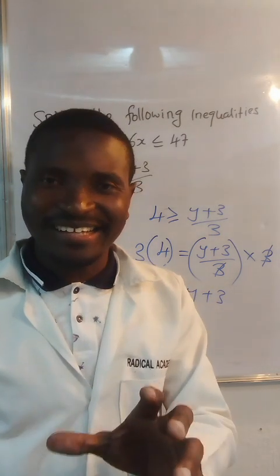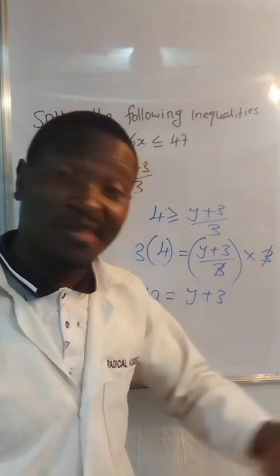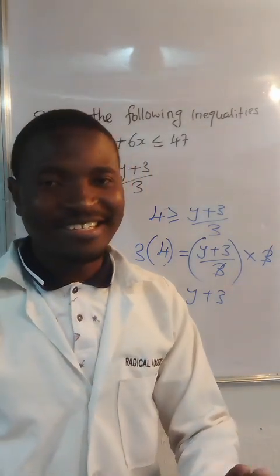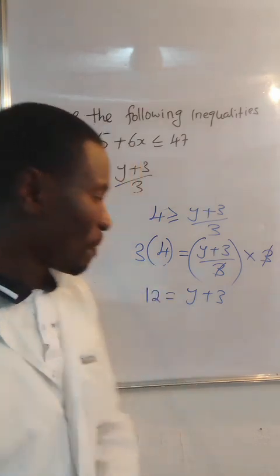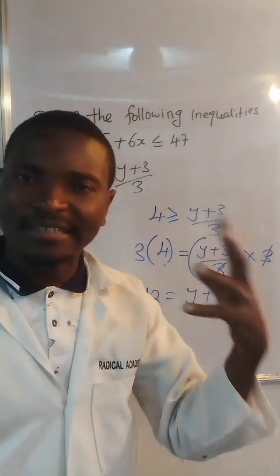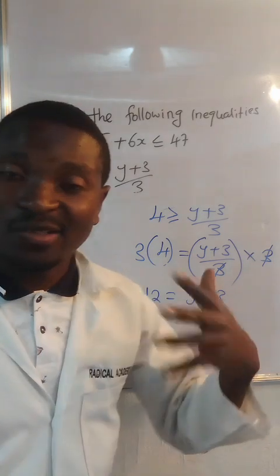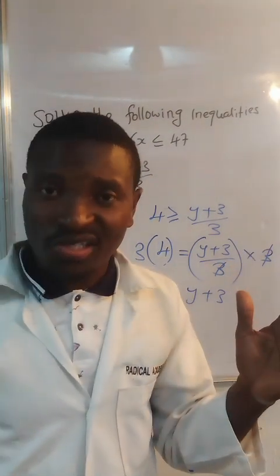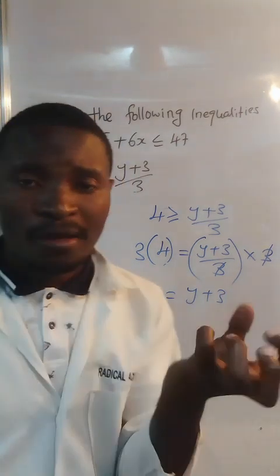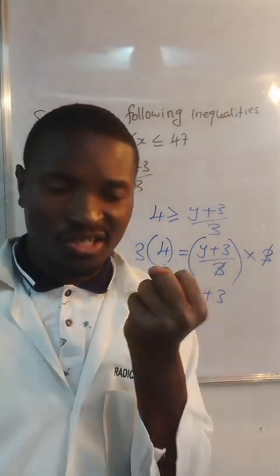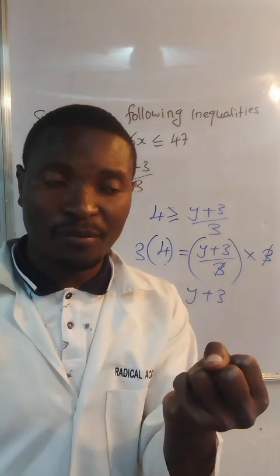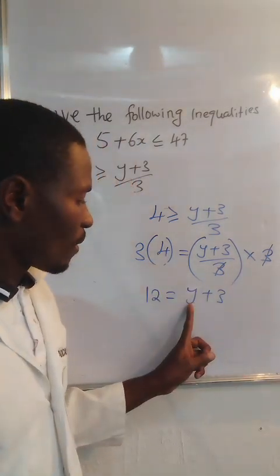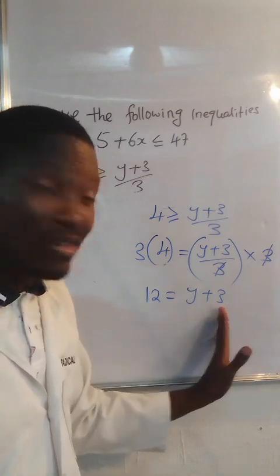You can see that the moment you do this, everything becomes linear, and we can see how easy it has become. Now, y and 3 are not together like 3y, so we are not looking at multiplication or division. y is independent and 3 is also independent.